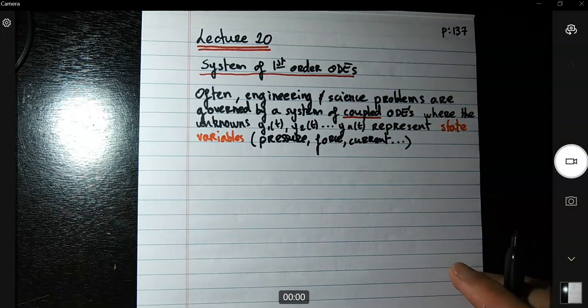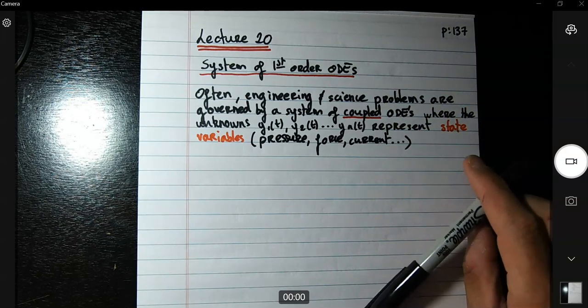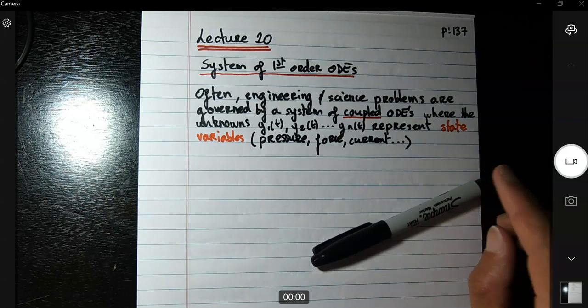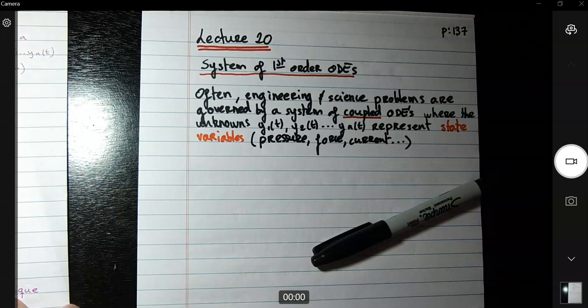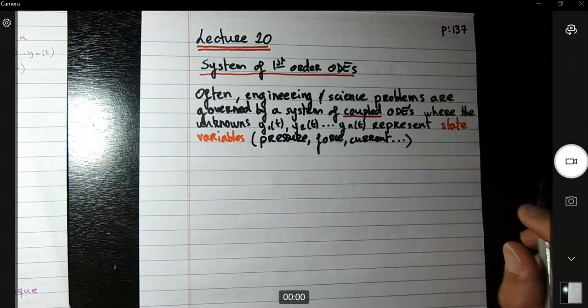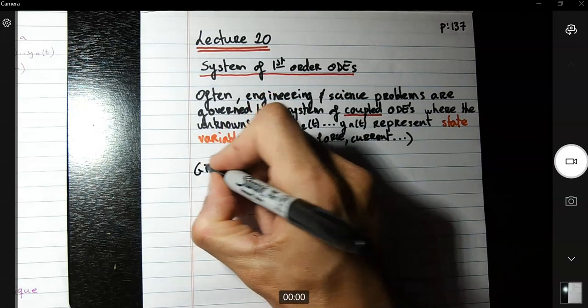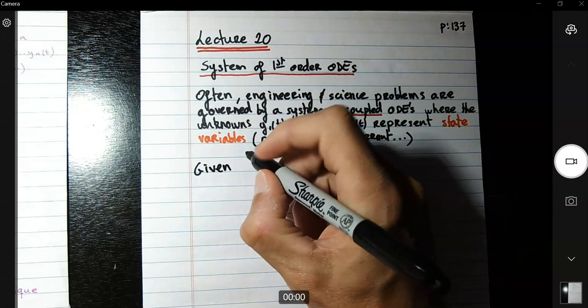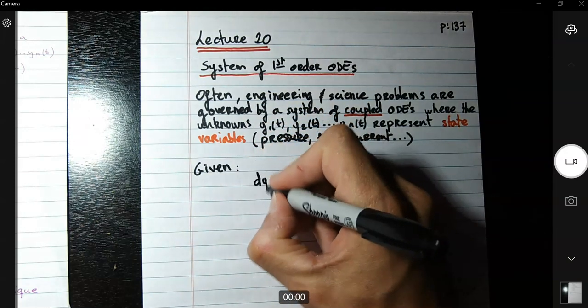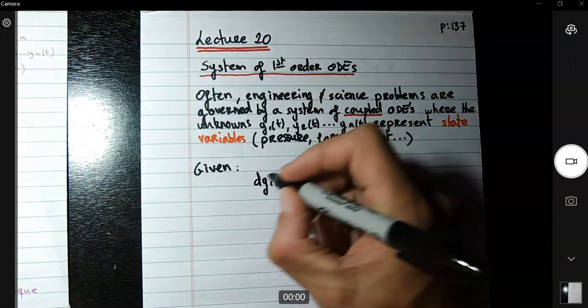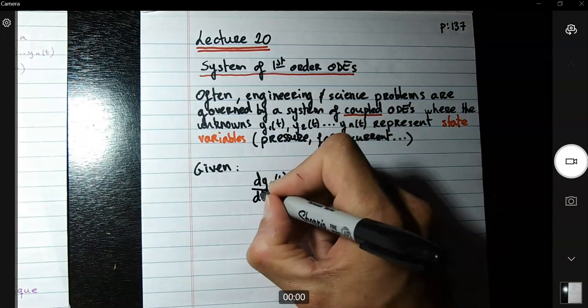So let's jump right away into a system of ordinary differential equations and see what happens. Given dy1 dt, this will be our first equation.